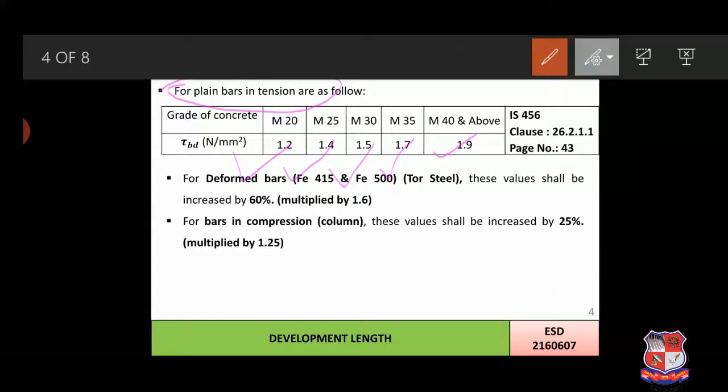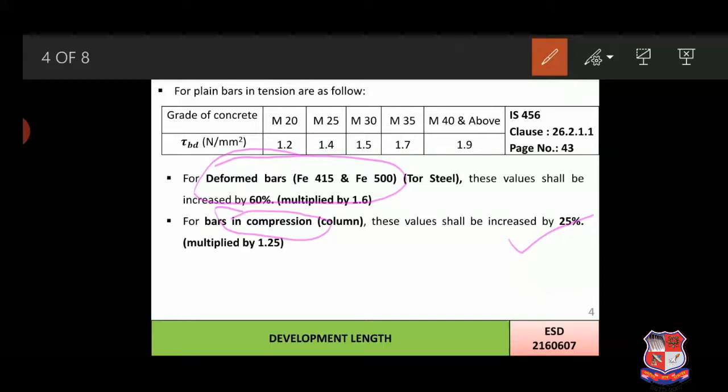But when the bar changes from plain to deformed bars, for example Fe415 and Fe500, this value shall be increased by 60%, means multiply by 1.6. And when bars change from tension to compression, for example column is a compression member, this value shall be increased by 25%.